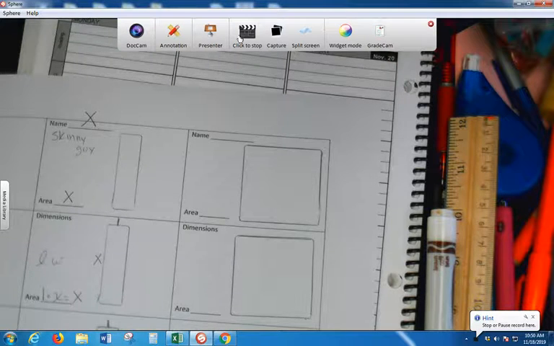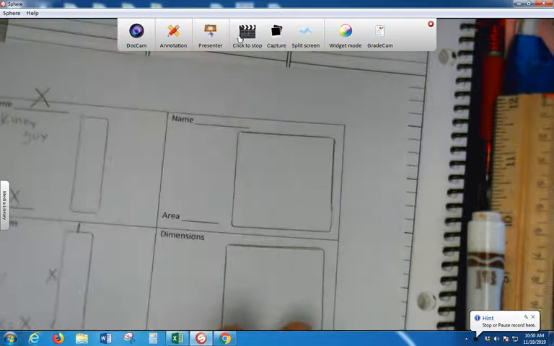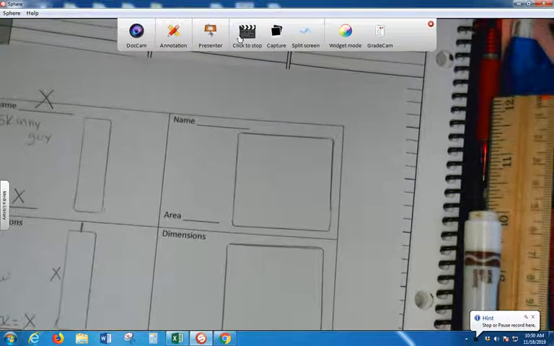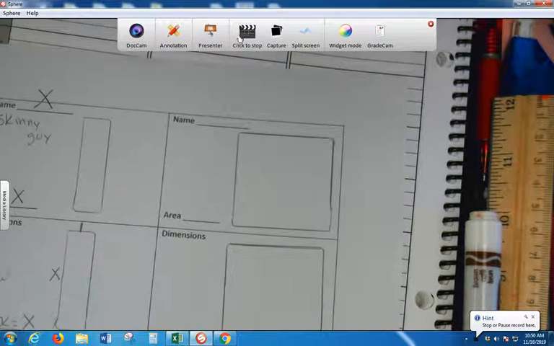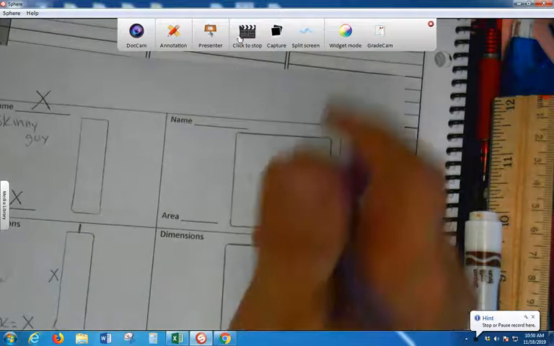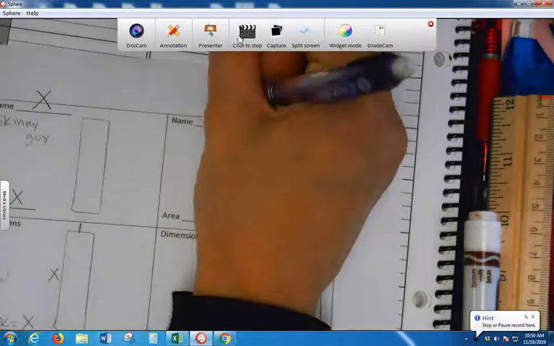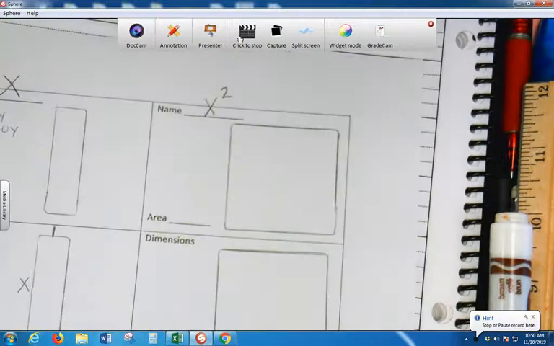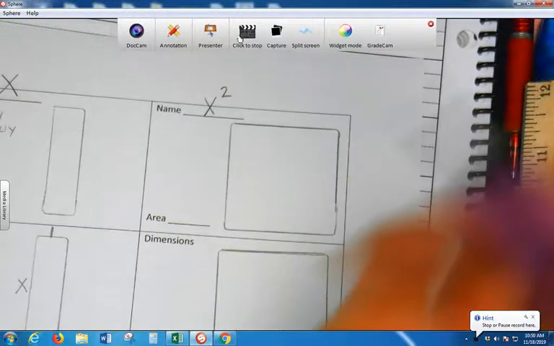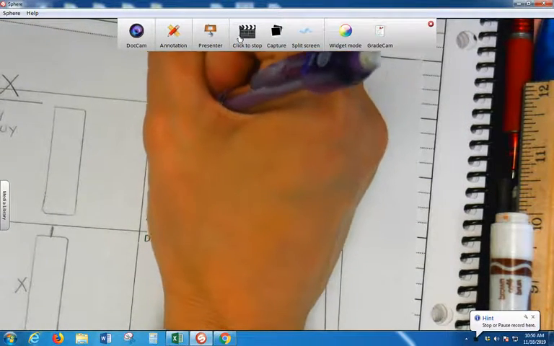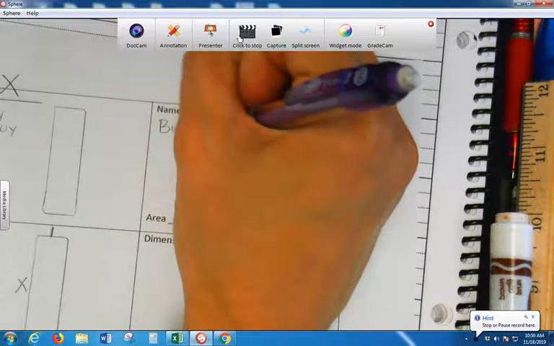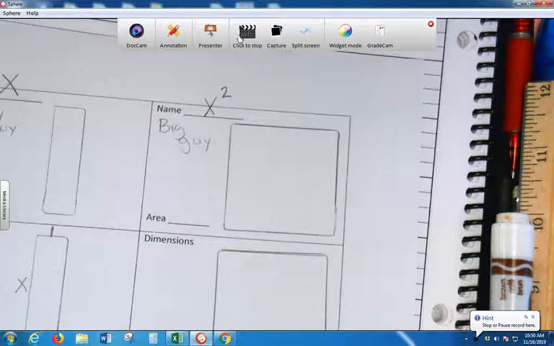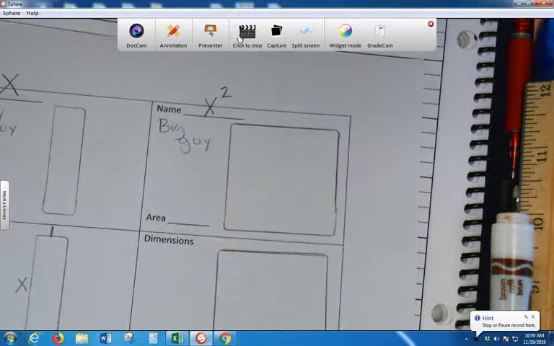All right, ready? This one is called x squared. Miss Van Dyke likes to call it the big I. Alright, x squared, the big I. Do you have this written down?